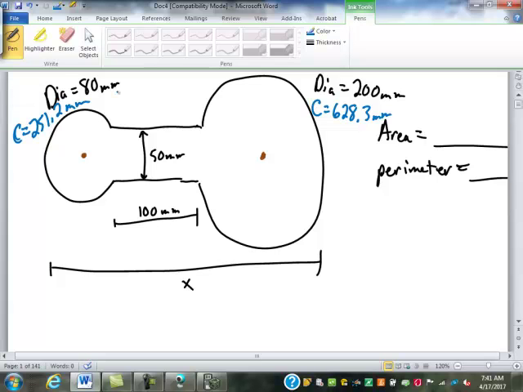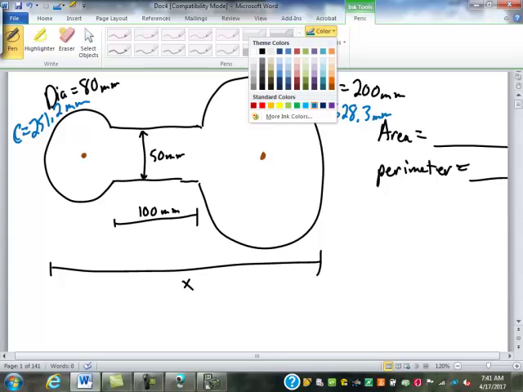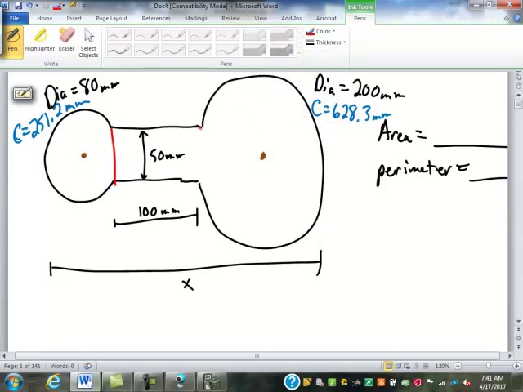Okay, what's next? Area of the rectangle. Okay, we can get the area of the rectangle. If I cut that off, I get the area of that piece. I'll call that piece 1. It's 50 by 100, or 5,000 millimeters squared. Area of both circles.